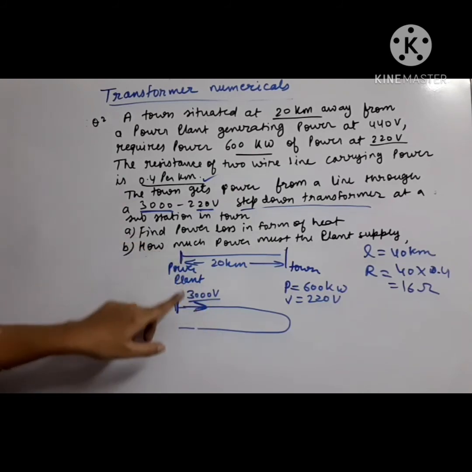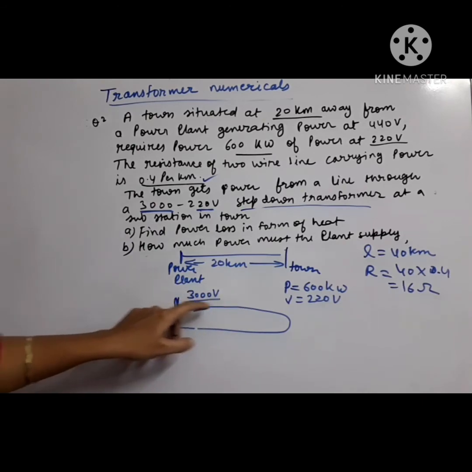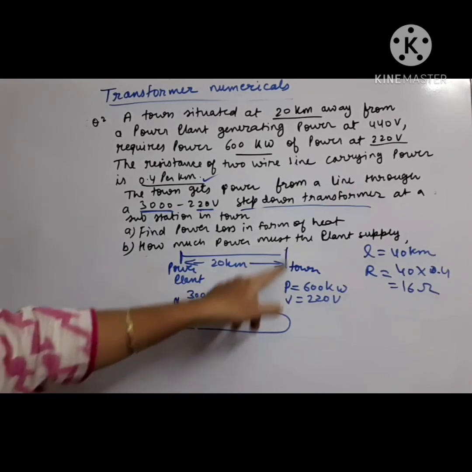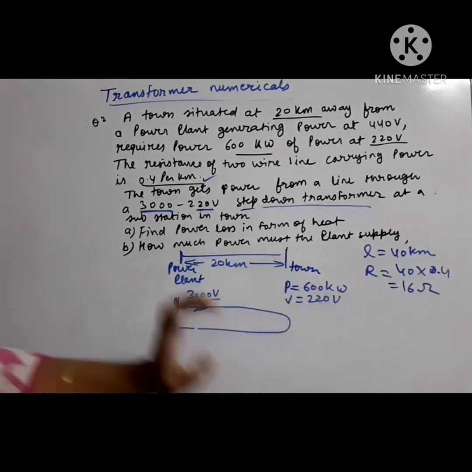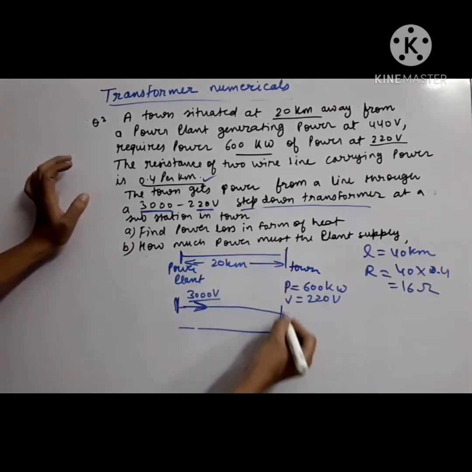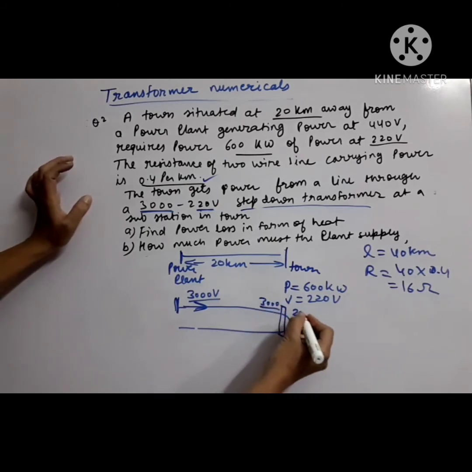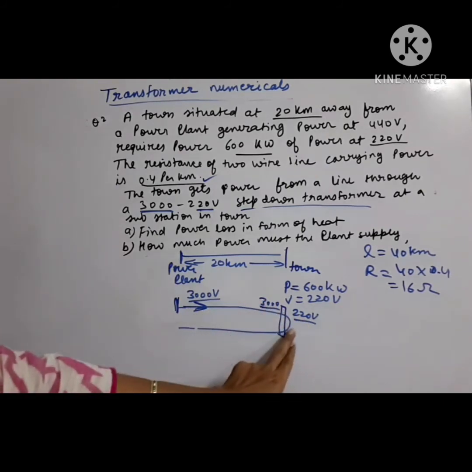This we have discussed already, that at high voltage, if the electricity is transmitted, then the power losses are less. Then here through the step down transformer, the 3000 volt will get converted to 220 volt for the town.